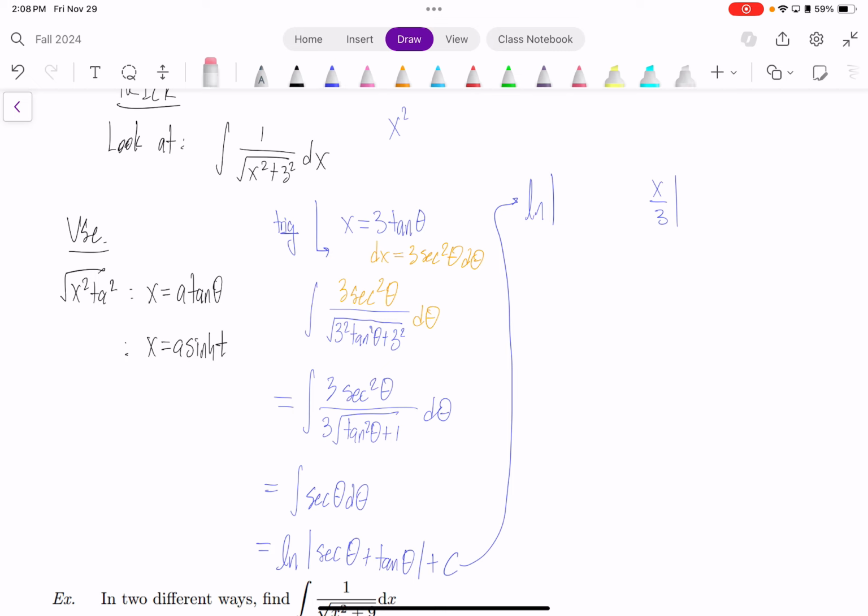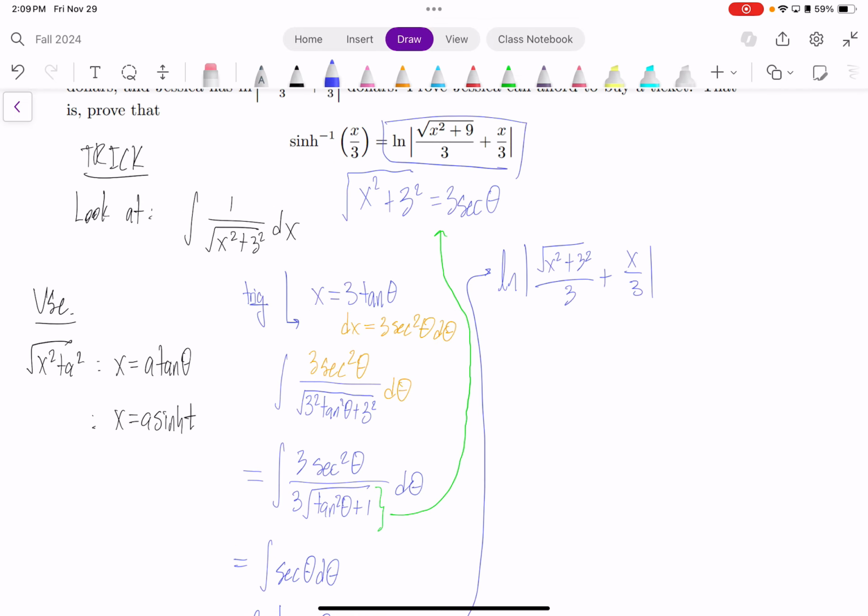The root of x squared plus 3 squared is 3 secant of theta. I'm just taking that from this step here. So we can just sub that back in for our secant of theta. We'll have root of x squared plus 3 squared over 3.